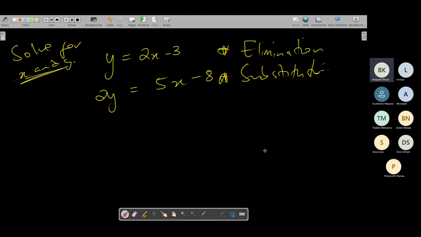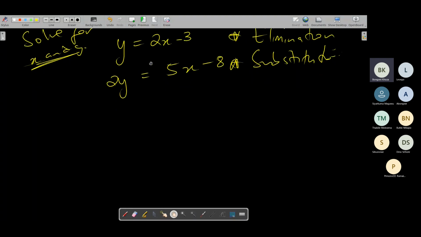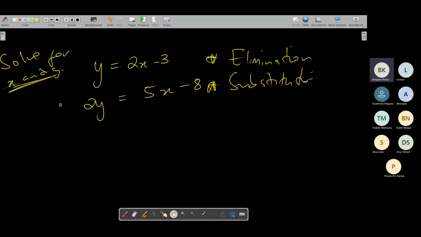Elimination, we usually use it when both equations have the same degree, mostly for degree 1. Substitution, you try and make one variable the subject of the formula, substitute it into the other equation, and then you take it from there.